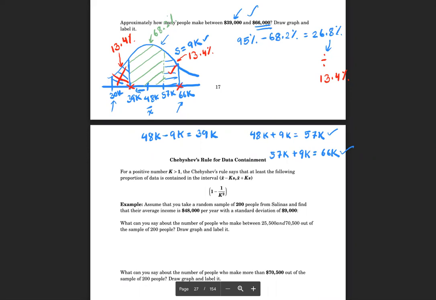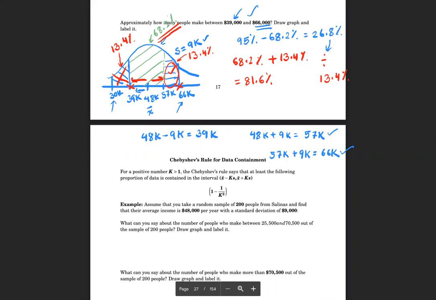Now, the green portion is 68.2%. We know the green portion: you move one standard deviation to the right and one to the left, 68.2%. Plus, you have to add this portion, which is 13.4%. So 68.2 plus 13.4 is 81.6%.